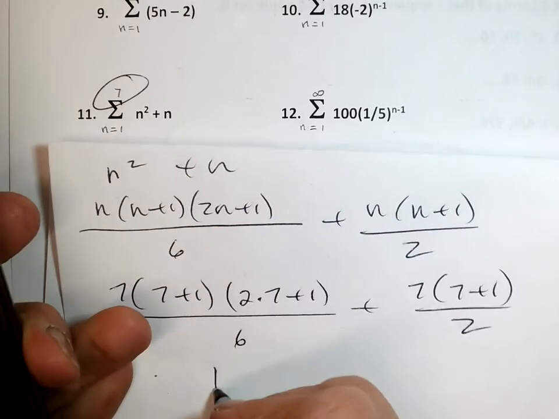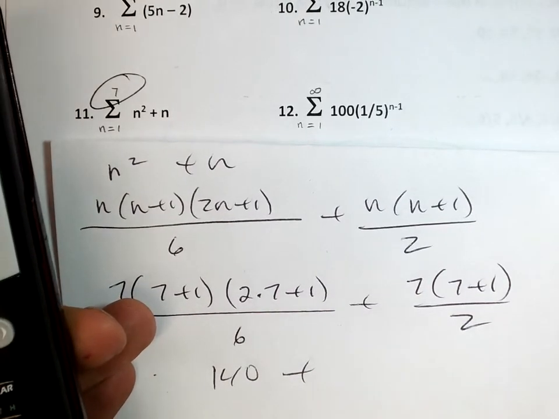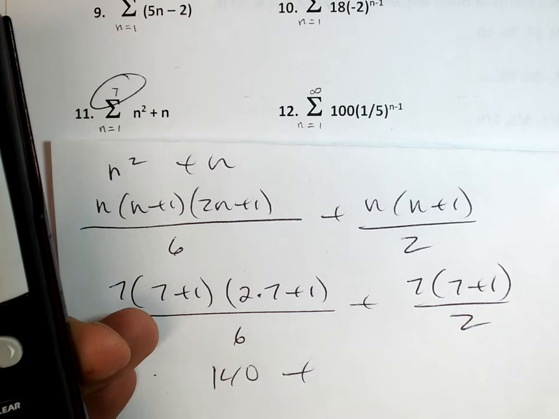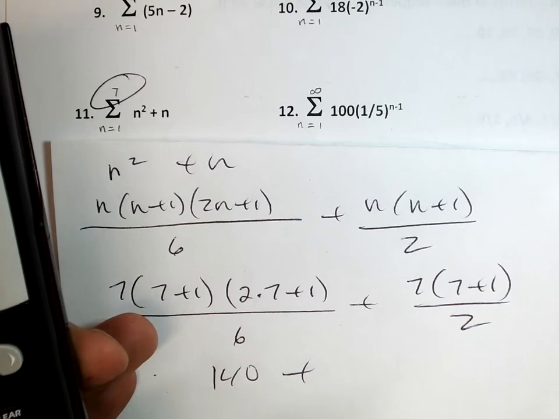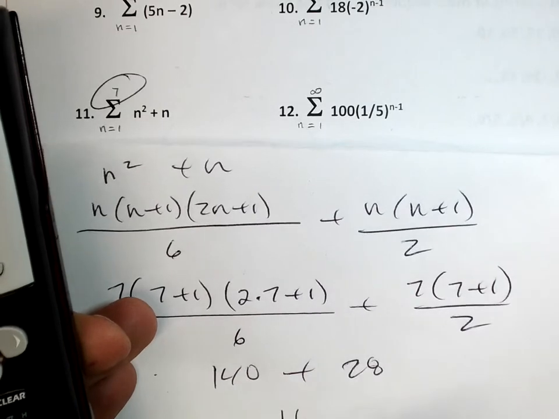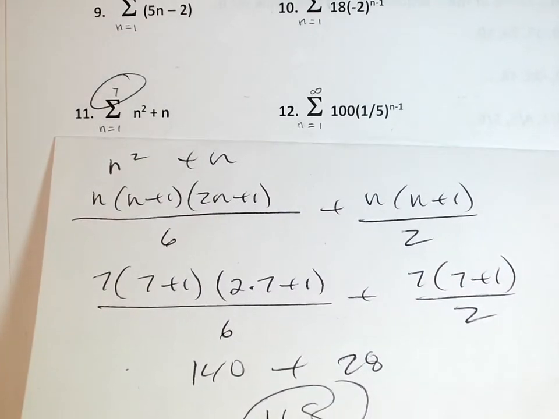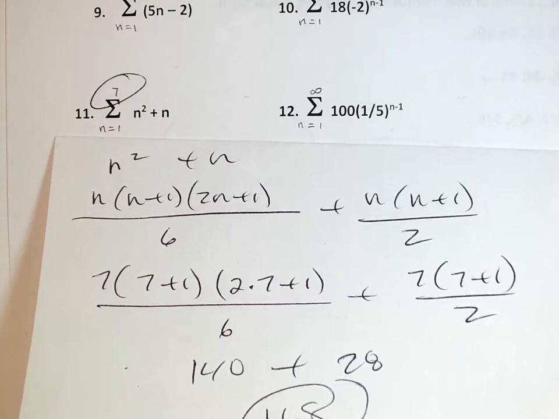This is 140, plus, let's see, 7 times 8 divided by 2. That one's 28. If I add these together, I get 168. Okay? What did we do? Well, we just added all 7 terms up, but we did it with a formula. Much easier. Okay?